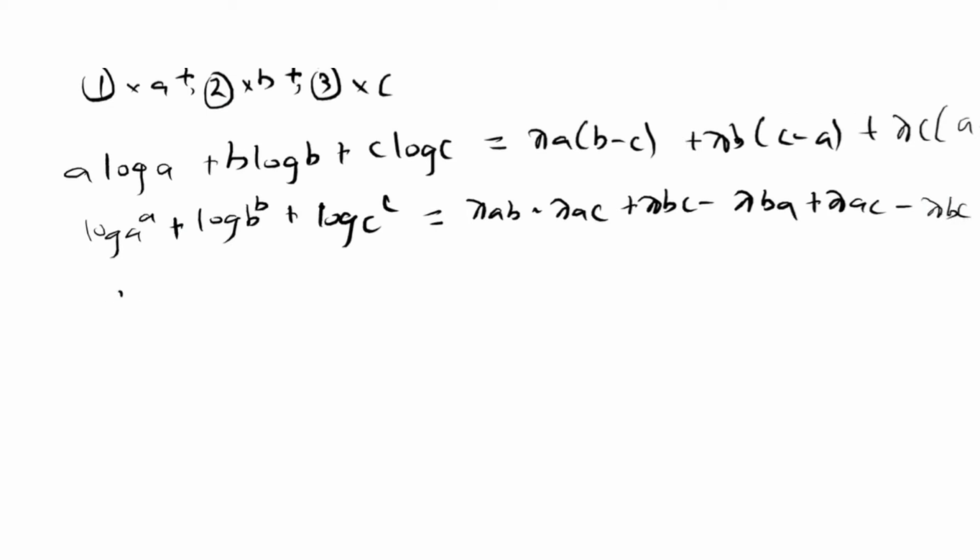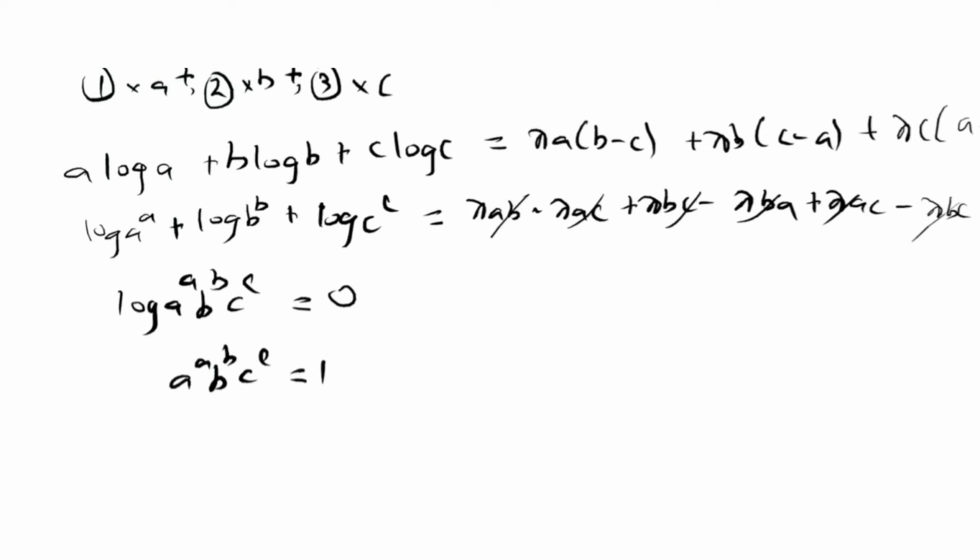On the left hand side we can write this as a^a b^b c^c, which is equal to, if you see carefully, lambda ab cancels off, lambda ac cancels off, and lambda bc also cancels off, so it is equal to 0. So we can again say that a^a b^b c^c is equal to 1 by the indices method. So that's how you solve problem number 1.